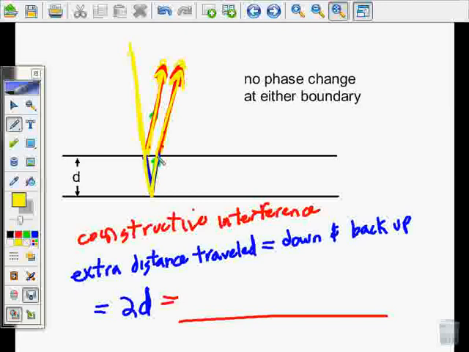What does that extra distance down and back up have to be equal to such that you get constructive interference? Jamie? It will definitely work if the extra distance down and back up is exactly 1 wavelength.